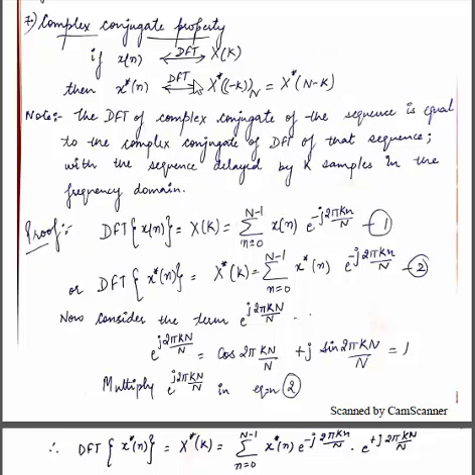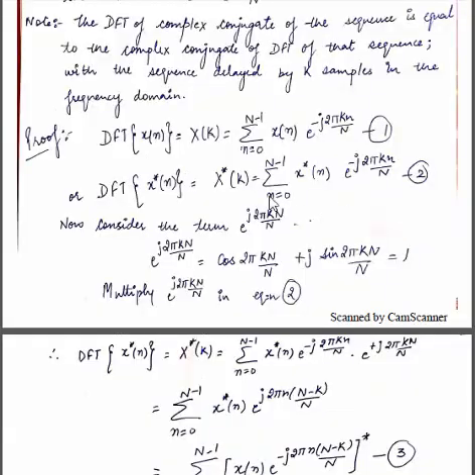Meaning that the DFT of the complex conjugate of the sequence is equal to the complex conjugate of the DFT of that sequence, with the sequence delayed by k units in the frequency domain. In the frequency domain, the variable is k, and in the time domain, the variable is small n. Now to prove it, first we have to write down the formula of DFT.